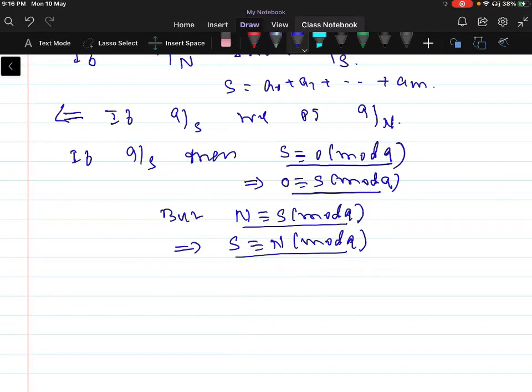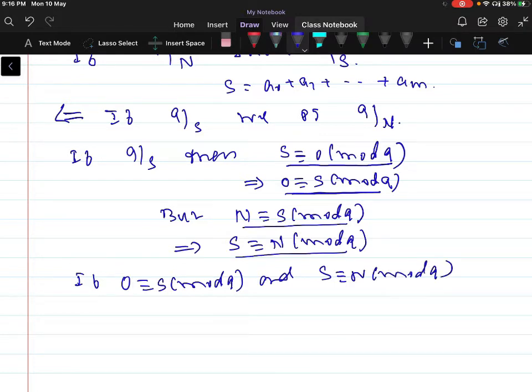We know from the congruence, 0 is congruent to s modulo 9 and s is congruent to n modulo 9.